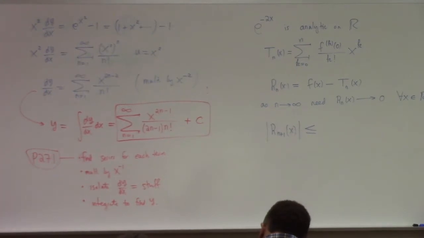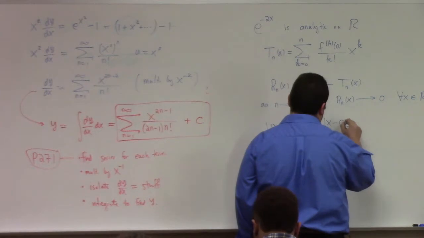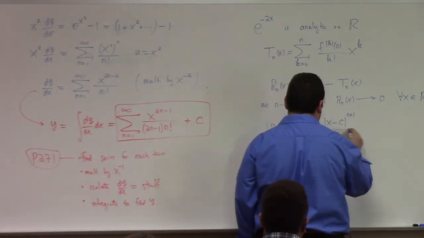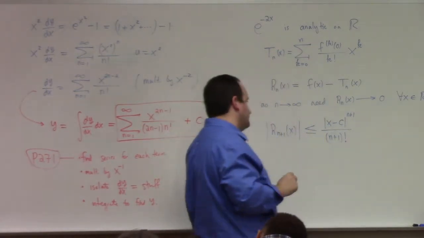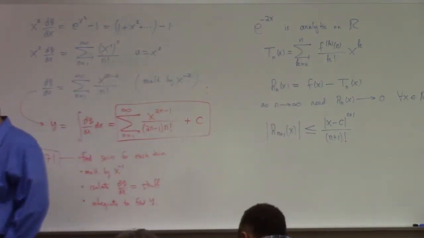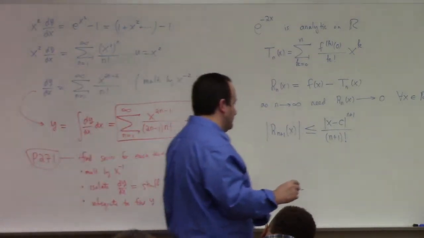The absolute value of x minus c to the n plus 1 divided by n plus 1 factorial, times what? Yeah, the n plus 1 derivative of f at z, right?